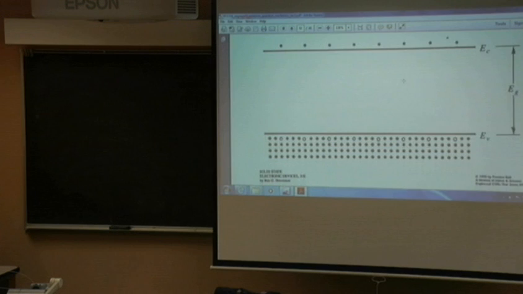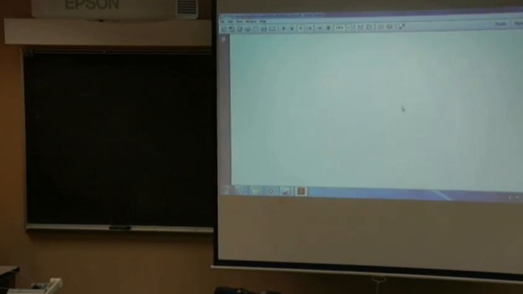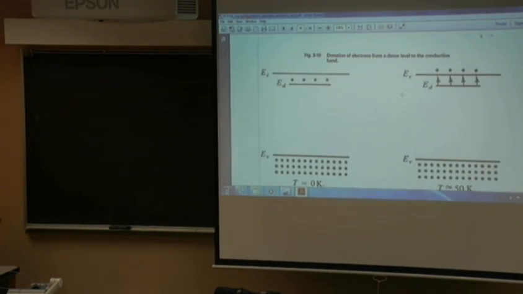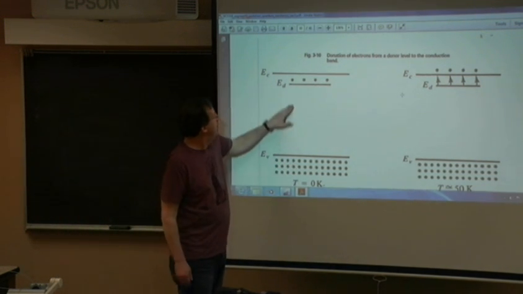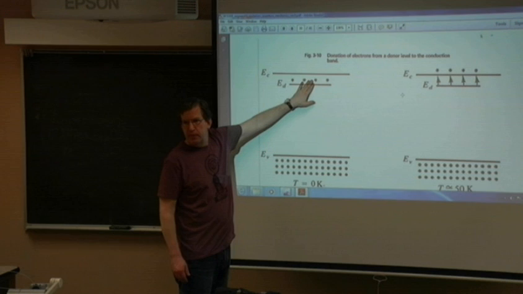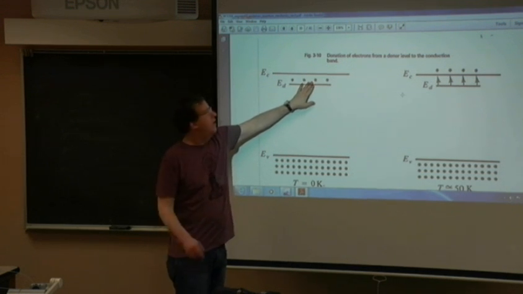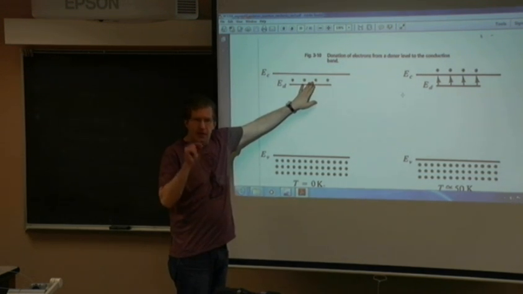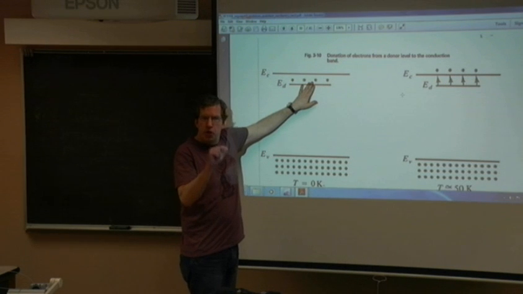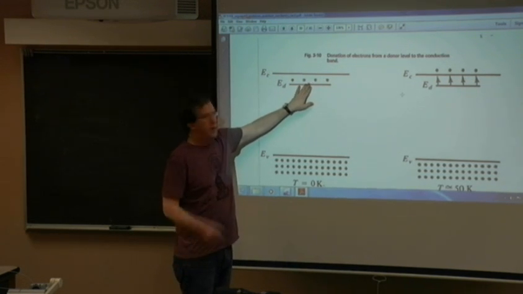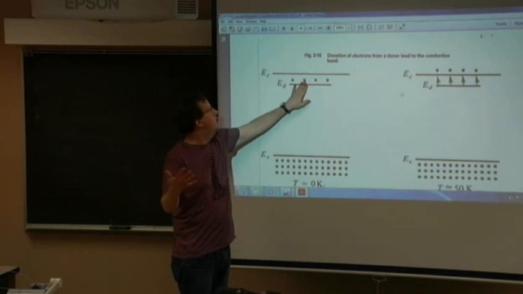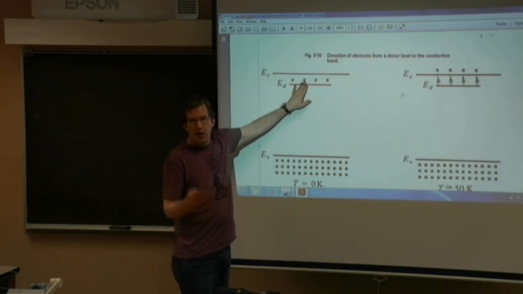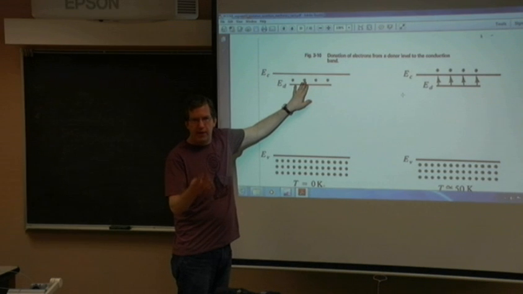But I can start to get something interesting now that you're starting to see in the lectures about p-n junctions. This is when I start to have some fun, because I put a donor level in, which, remember from the first midterm, was a substitutional donor dopant. In our classic case, it's a phosphorus atom with 5 valence electrons into a silicon crystal, which has 4 valence electrons, 4 covalent bonds.